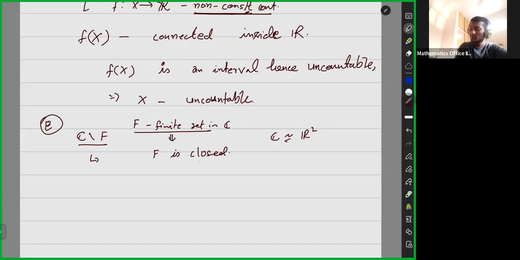So F is closed, C minus F is open, right? And there was one theorem about open sets, when they are connected by paths, right? C minus F is connected because it is open. We are using the if and only if: every point is connected by a path.